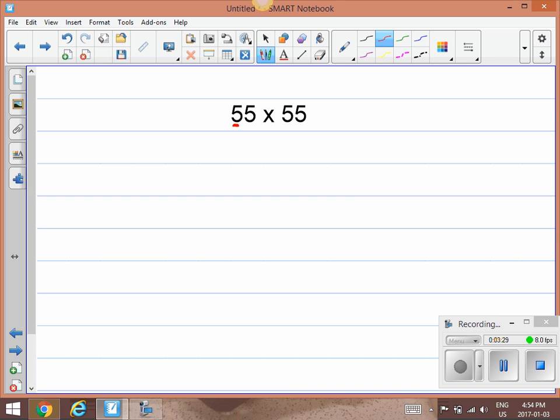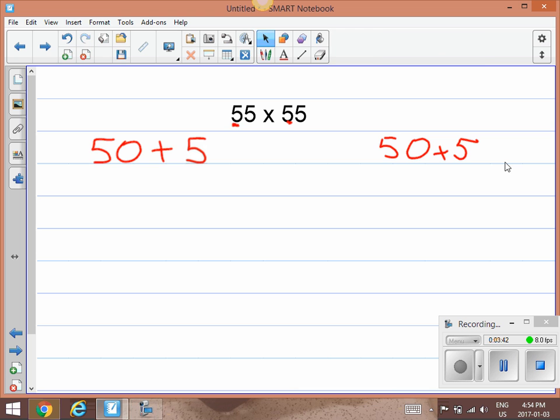If we look at this 5, the value of it is not 5. The value of it is 50. So it's 50 and 5, and 50 and 5.